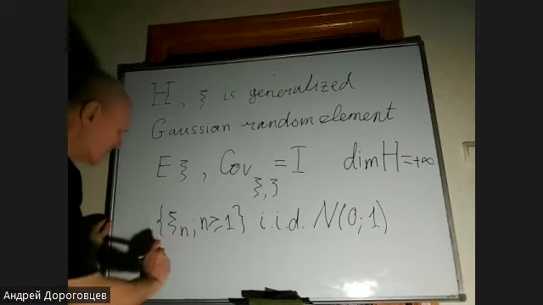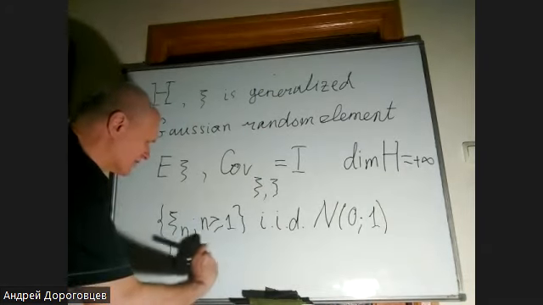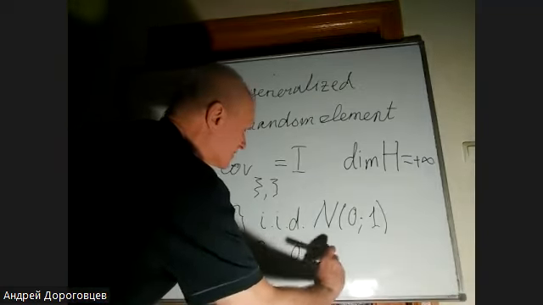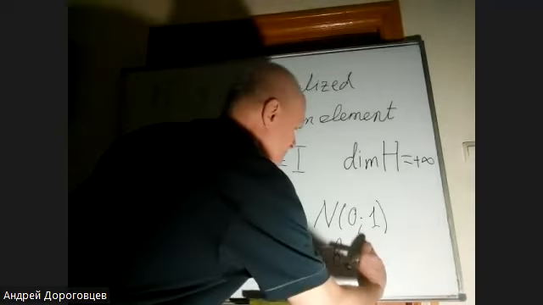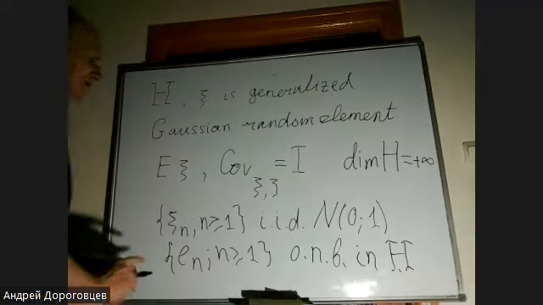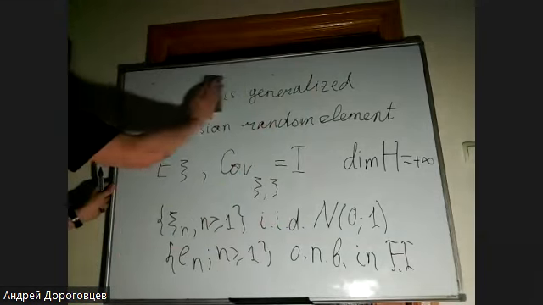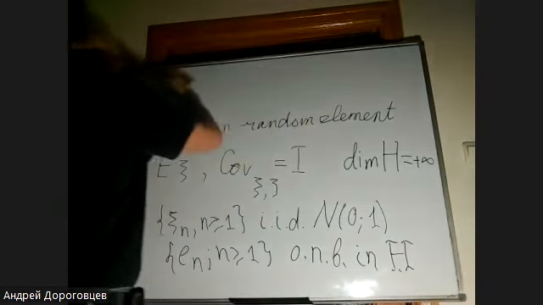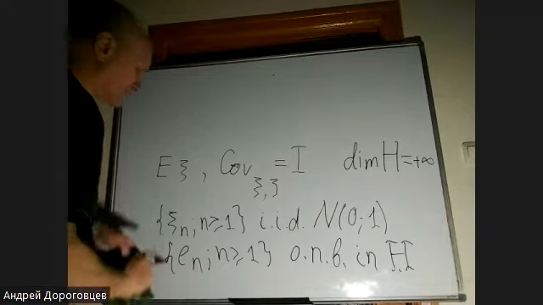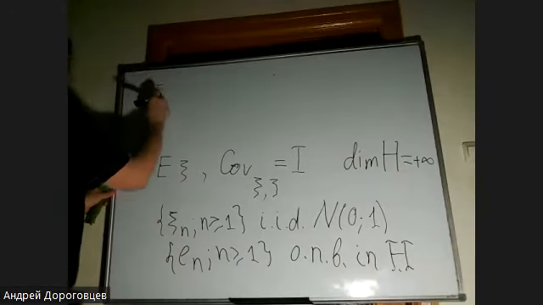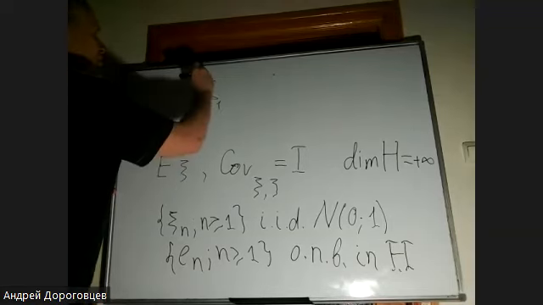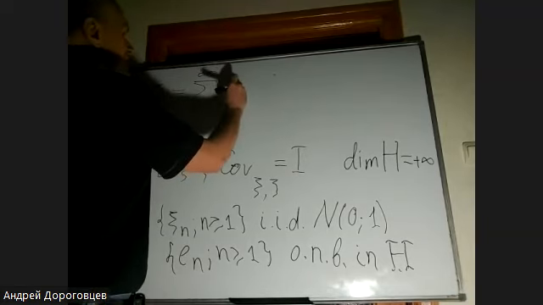Then consider e_n, an orthogonal basis in H. Then one can define psi as a formal series, a sum from n equal 1 to infinity of psi_n e_n.